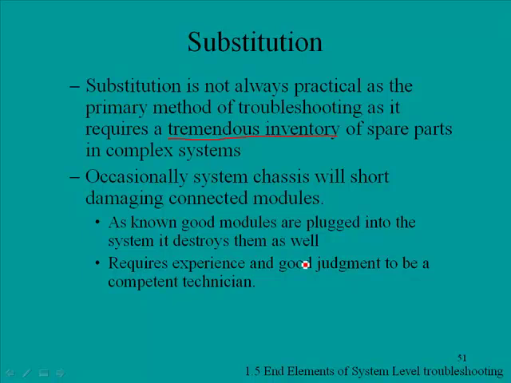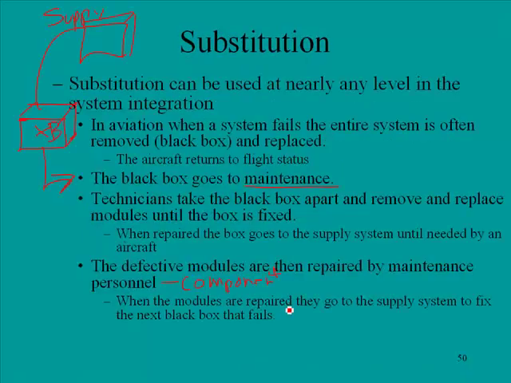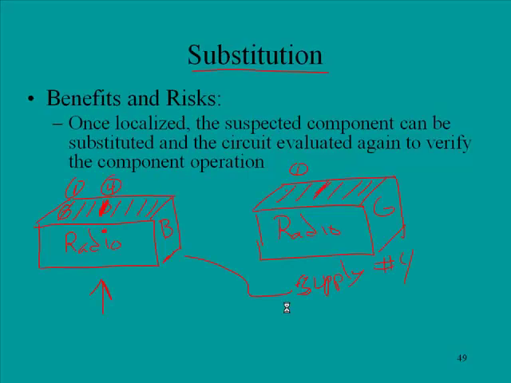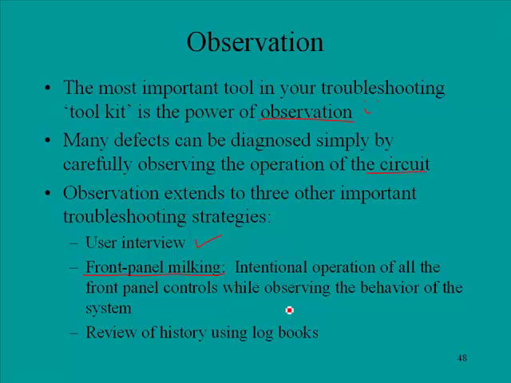So substitution doesn't always work, and it requires experience and good judgment on the part of the technician to determine when substitution is going to work and when it is not. In section 1.5, we've addressed the elements of system level troubleshooting, and we looked at substitution. We have looked at observation.